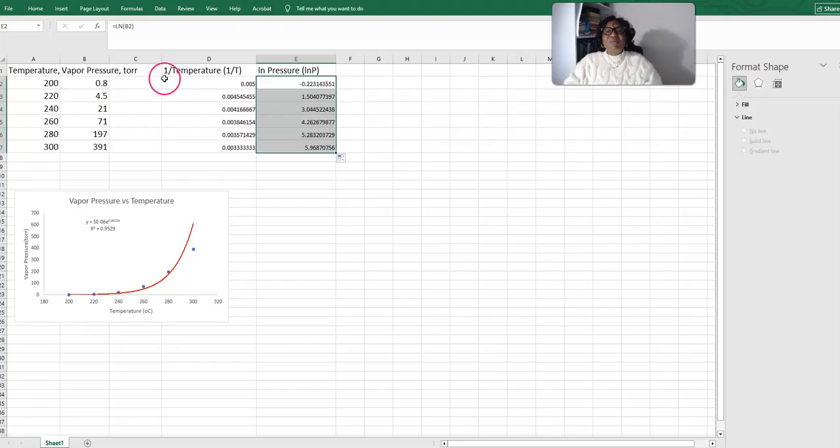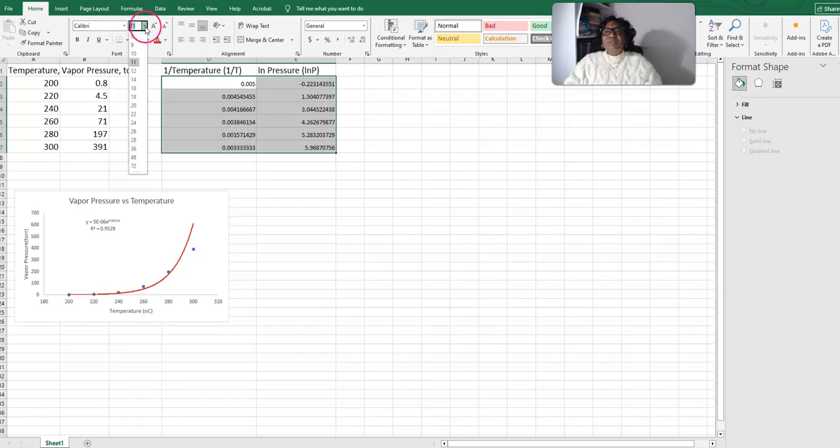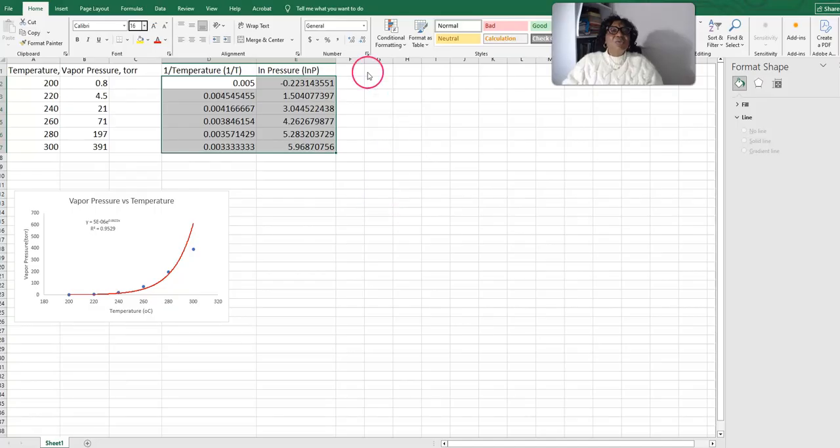So we have our values. Please, I want us to change the font. Let's get it to 16 so that we can see it. You can even reduce the decimals. Oh, that's too much. Okay, we can have it like this.